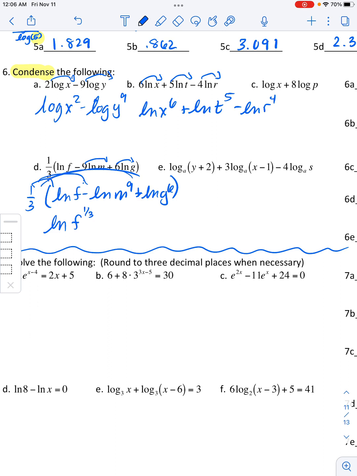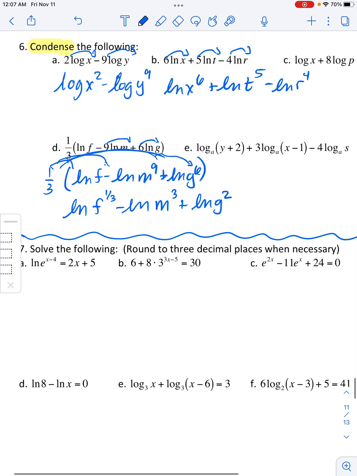Here, though, I'm going to have minus ln m to the 1/3 times 9, so that becomes a cube. And then in the third term, I'm going to have that 1/3 coming up into the 6th power. So I'd have 1/3 of 6, so I end up with ln of g squared. And I'm condensing, so I'm going to put those together.